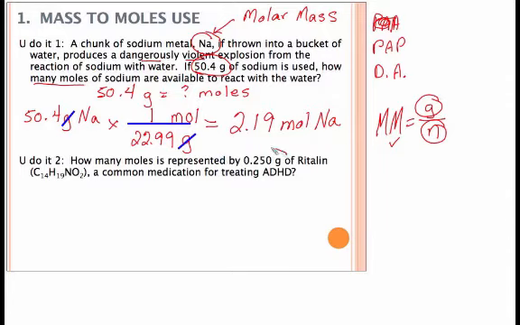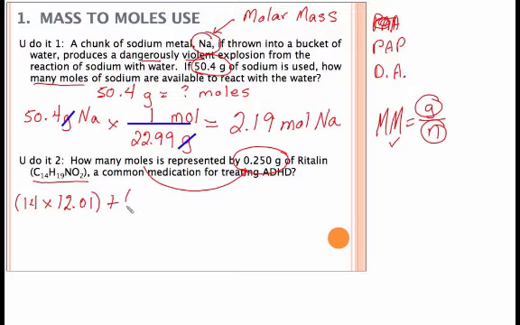Now let's take a look at this next one. We've got 0.250 grams of Ritalin, commonly used to treat ADD, and there's the chemical formula. Now, if we want to go from mass to moles, we need the molar mass of this substance. And just as a quick refresher, I have 14 carbons.